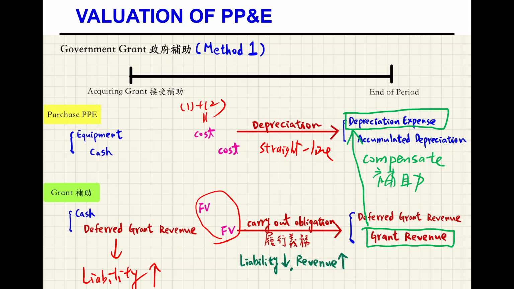So after this, you will find out in the end, use grant revenue to compensate your expenses. In the end, they will make your net income improve, increase, right? Okay, so that's the first method. Any questions?